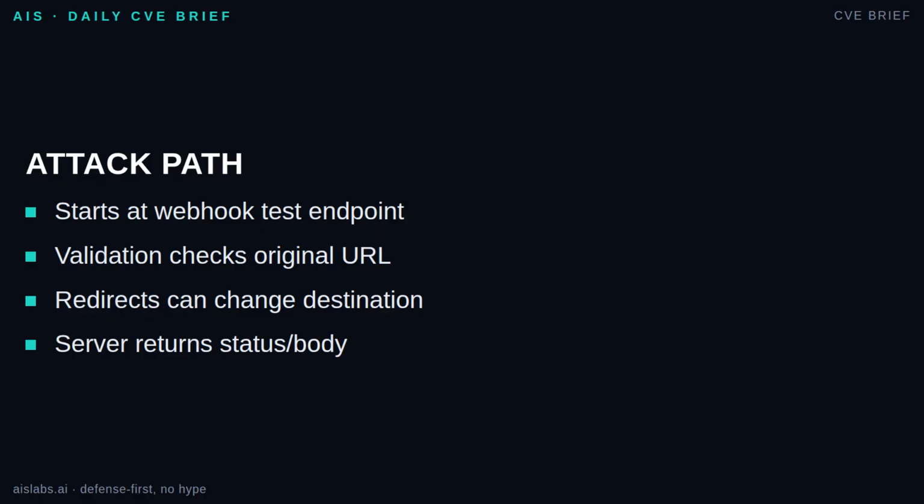From a defender's point of view, the important issue is not the exact payload. It is that the MLflow server may become the requester. If MLflow can reach internal-only addresses, service control planes, or cloud metadata services, then the attacker may gain a read path through MLflow. The NVD description says response status and response body can be received, which turns the issue from blind probing into possible data retrieval.